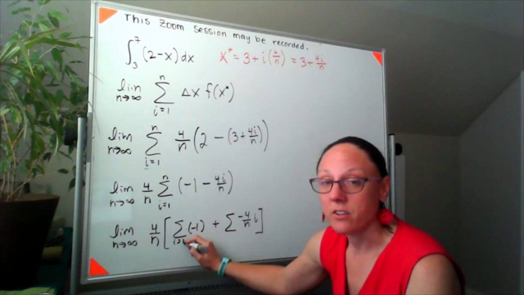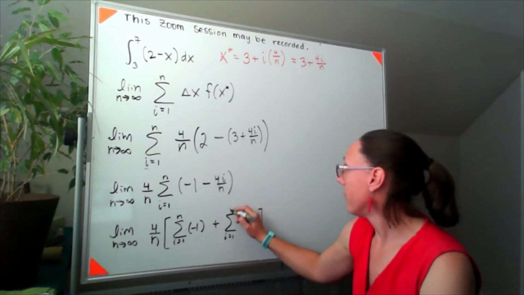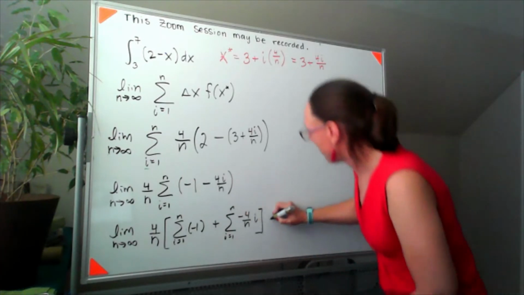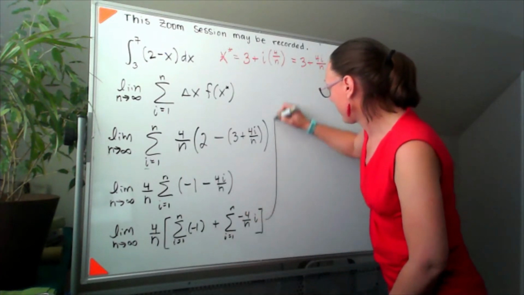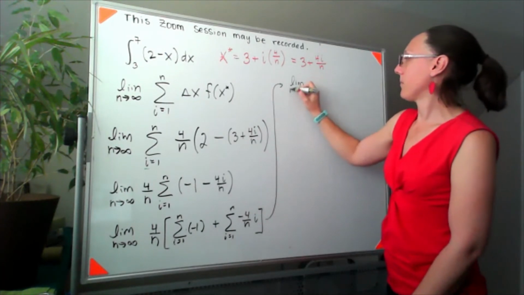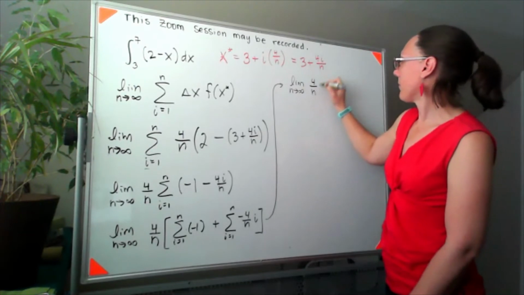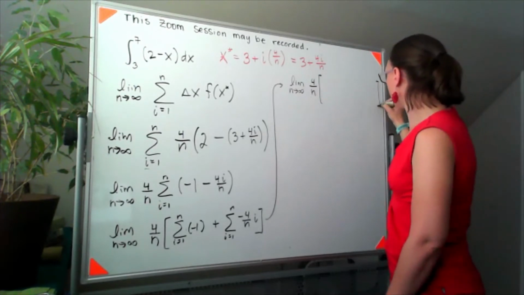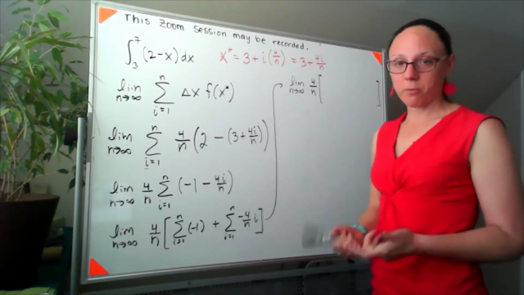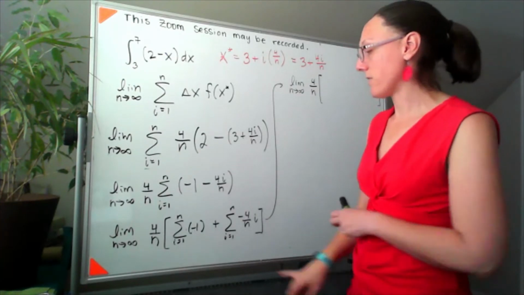Both of those are still summations from i equals 1 to n. And now comes the fun part where I get to evaluate those sums using summation rules.